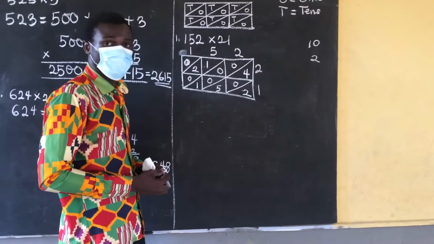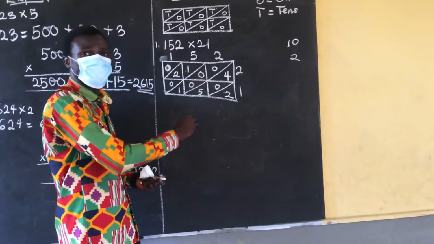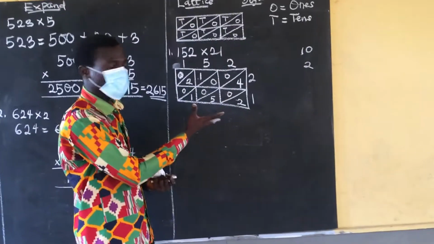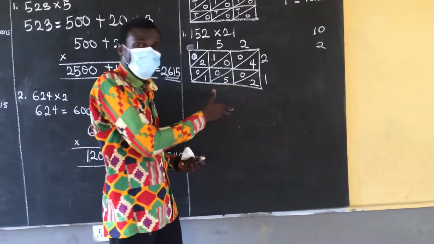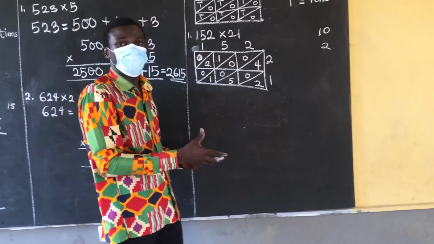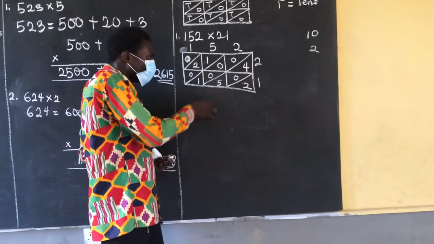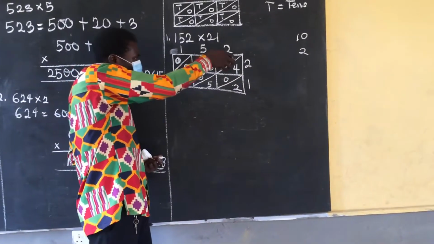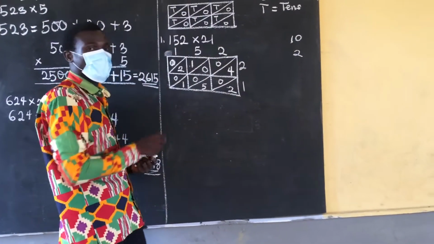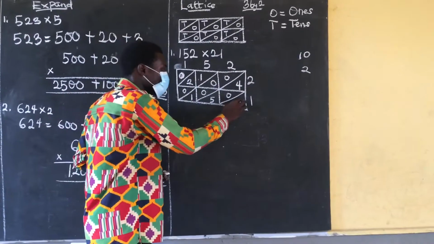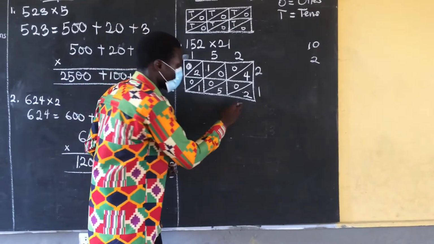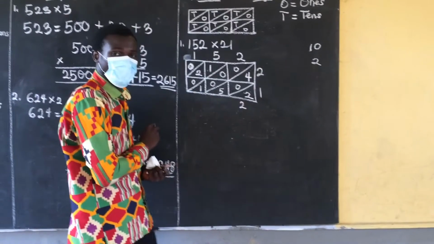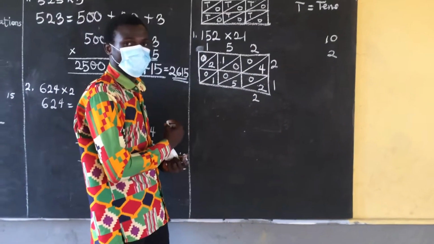Now when we are done with this, we have to get our answer. This is not our answer, but our answer will be derived by the addition of the numbers diagonally. So I'm going to add diagonally. Because there is only 2 here in this diagonal, I'm going to pick that number and write it below it.